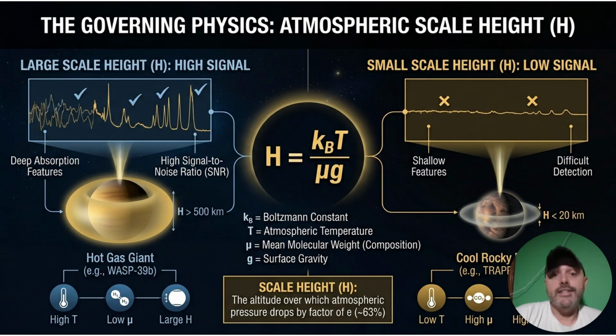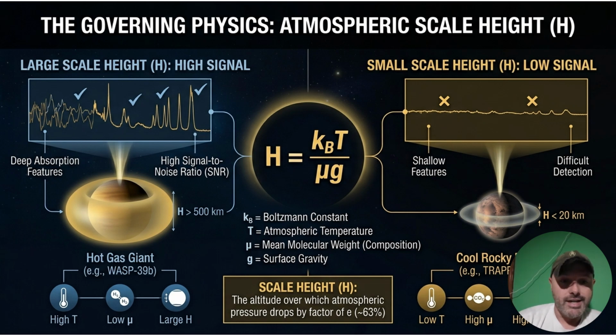So physics kind of dictates our success here through the scale height, which is known as H. H is equal to the Boltzmann constant times the atmospheric temperature over the mean molecular weight, which is the composition of the atmosphere, times the surface gravity.